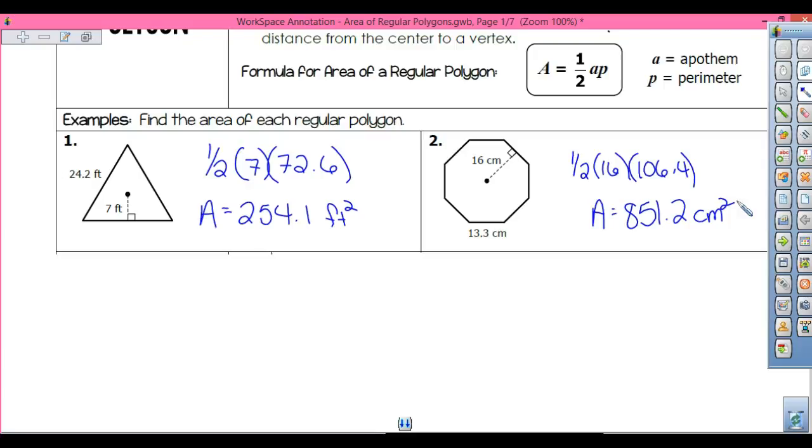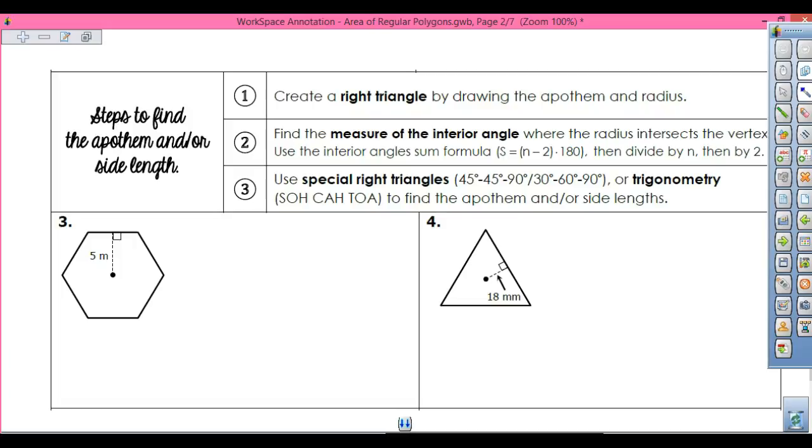But most of the time they're only going to give you one piece of information, either a side or the apothem. This goes back to finding the interior angles. The measure of the interior angle is n minus 2 times 180, divided by the number of sides.